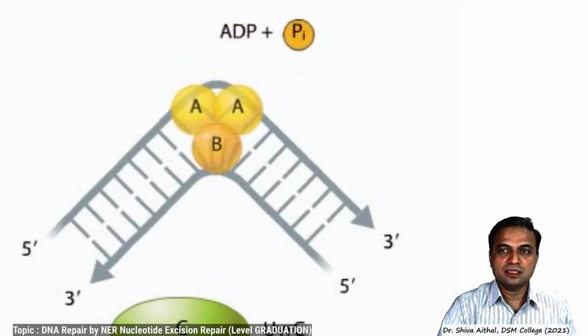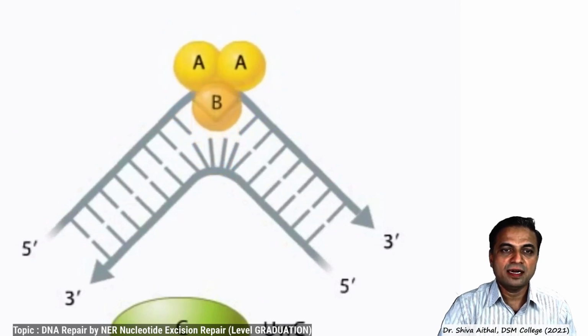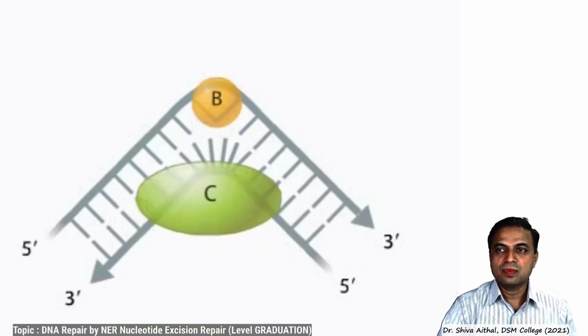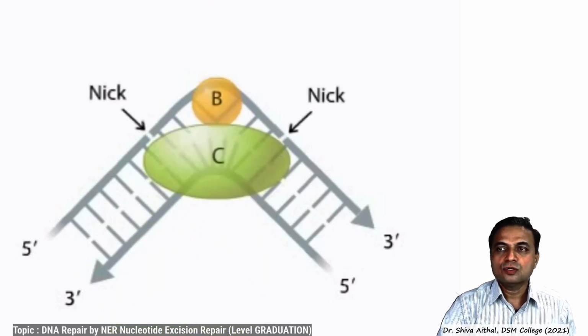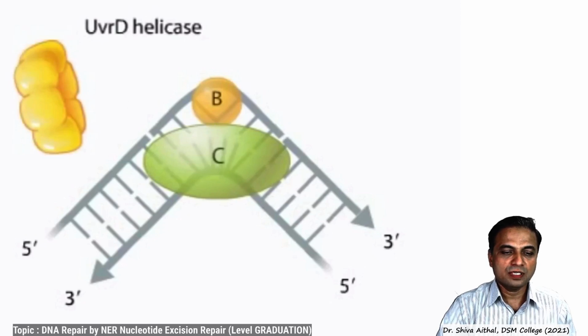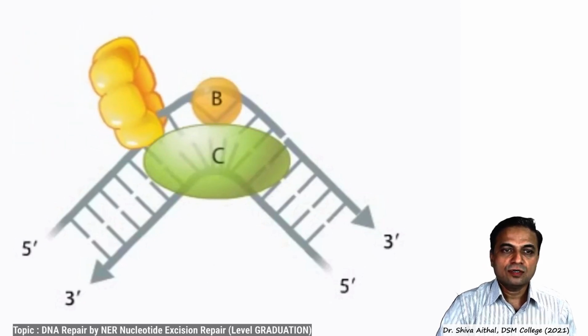So you can see here the bending is there, again ATP is required, and UvrA is ejected from the complex. Next, UvrB will bind to UvrC, and not only that, the nick will be made.